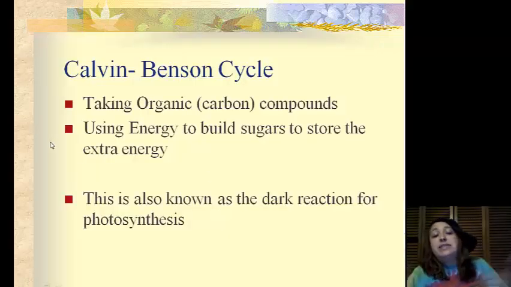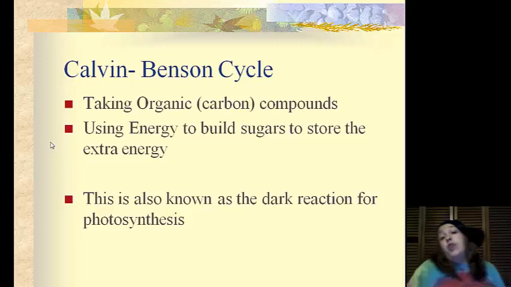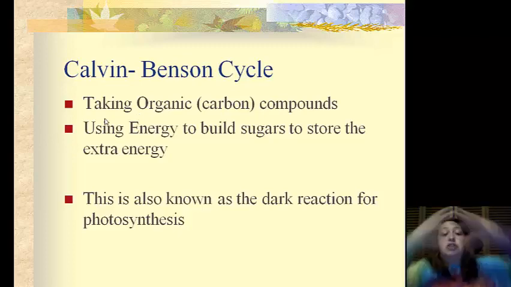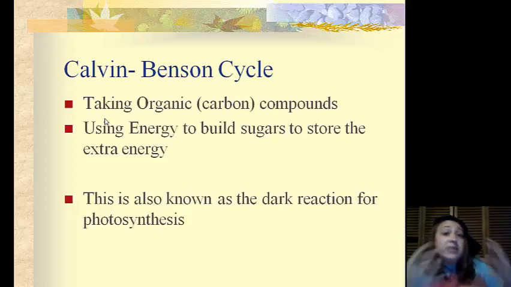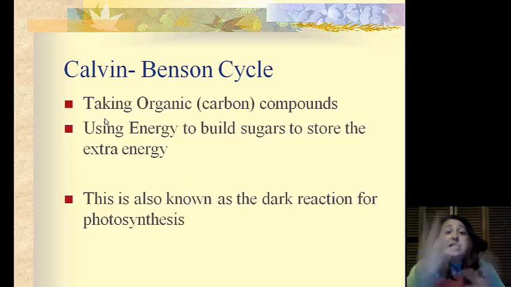Okay, Calvin-Benson cycle. I know a lot of y'all were wondering, where the heck is that dark reaction or the actual creation of sugars? So, when we have the Calvin-Benson cycle, we're going to take organic carbon compounds, and we're going to use energy and build up those sugars to store extra energy. Remember, sugars can then be broken down and then release that energy.